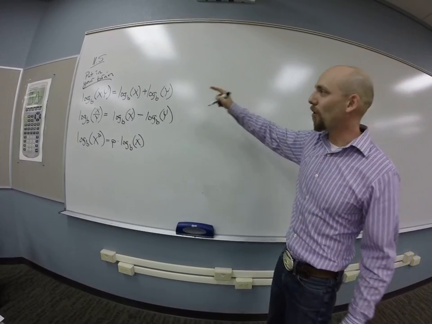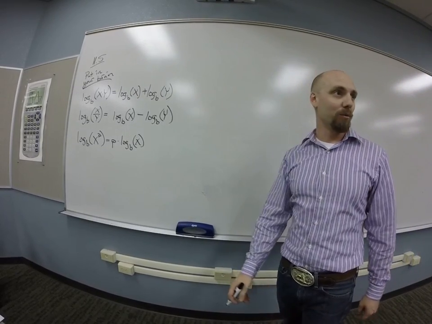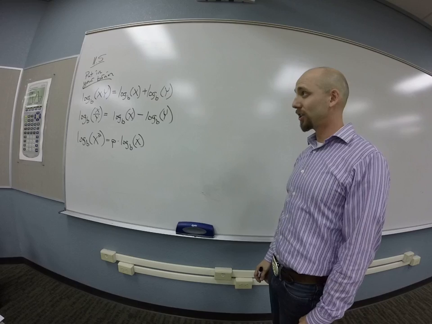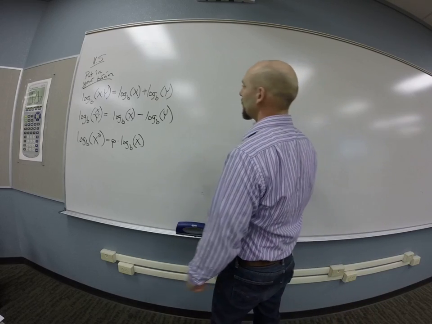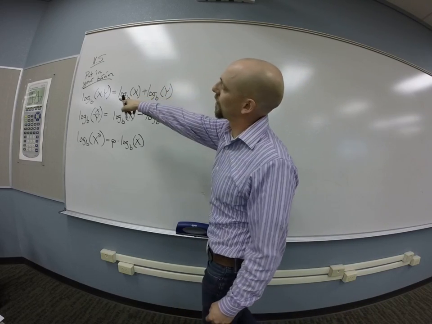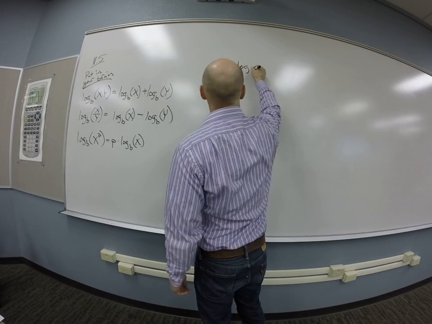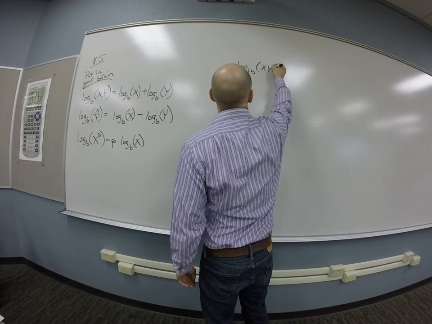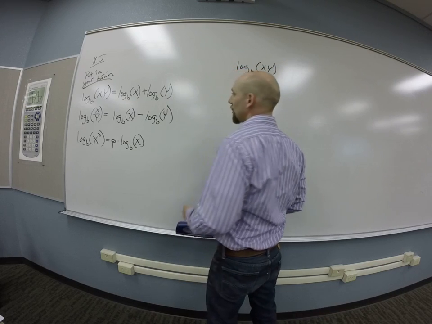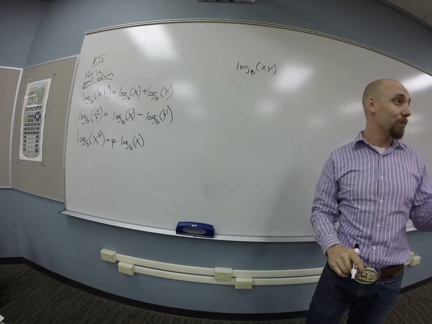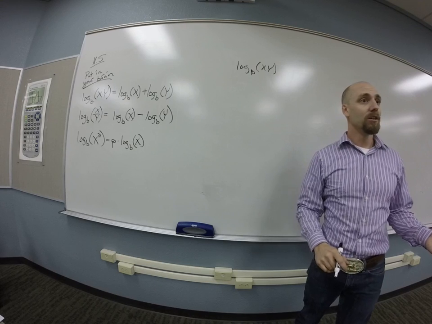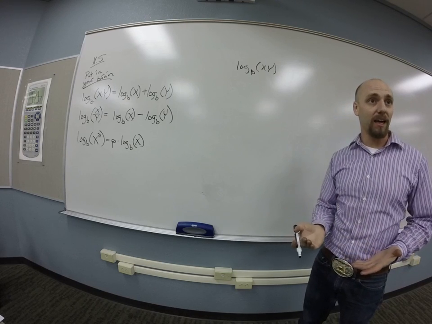All right, so we're doing the first rule for 11.5. I want to start with the left-hand side. I'm going to talk about log base b of x times y, and I'm going to think to myself, okay, there's probably an answer to log base b of x.